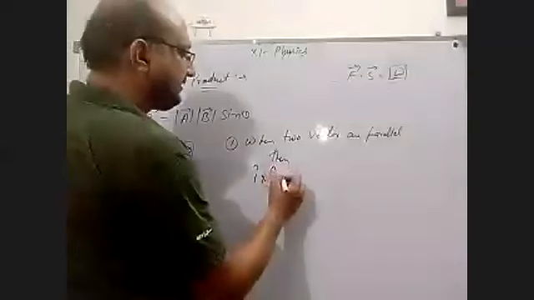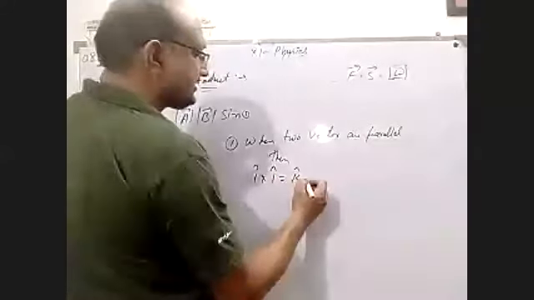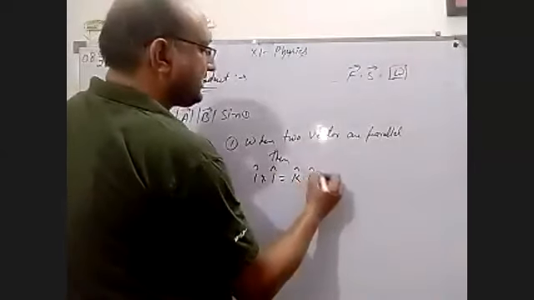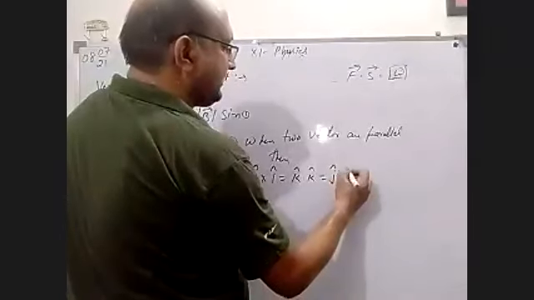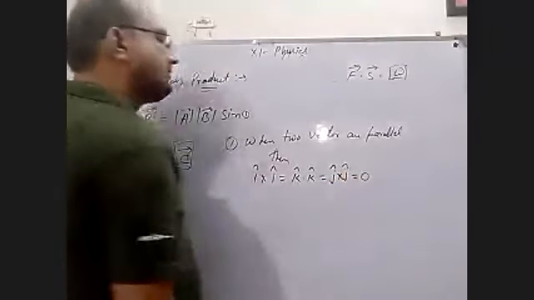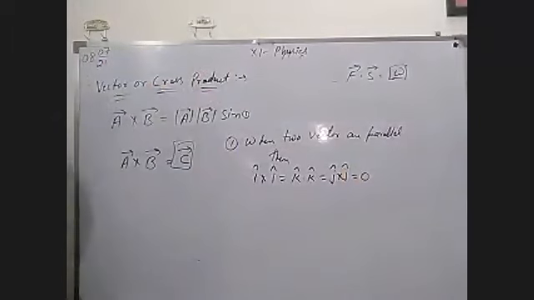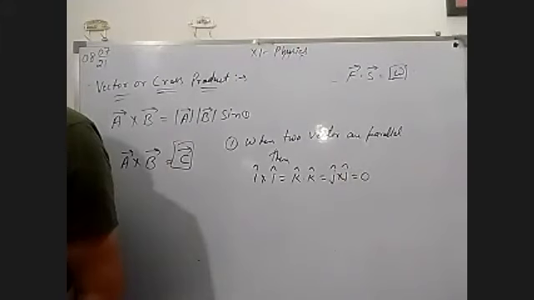Remember this thing? I cross I, K cross K, or J cross J is always equal to 0. If the cross product of two vectors is 0, it means these vectors are parallel to each other.